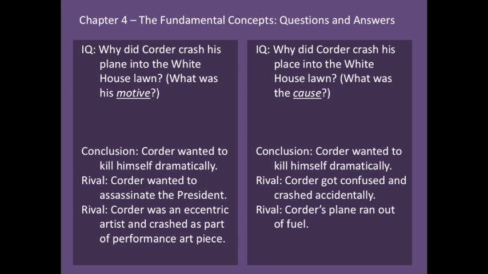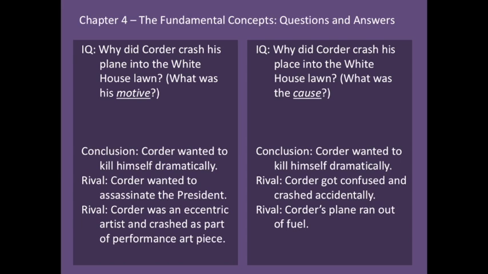Now, when we clarify the question in this way, we want to ask ourselves which of these is a better interpretation of what's going on in the original passage. If you go back to the original passage, you'll see that there are references to motives.